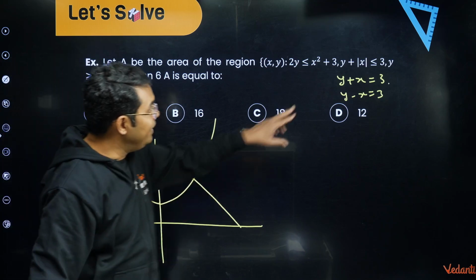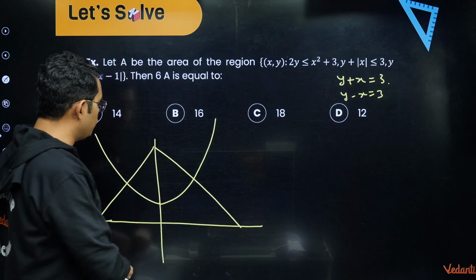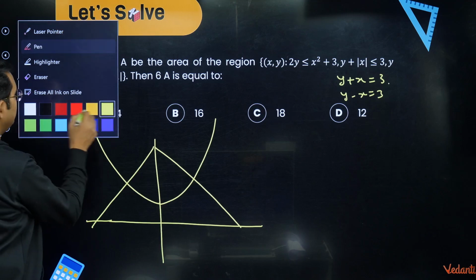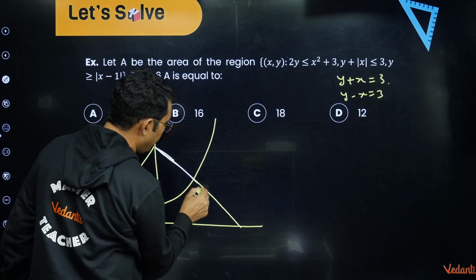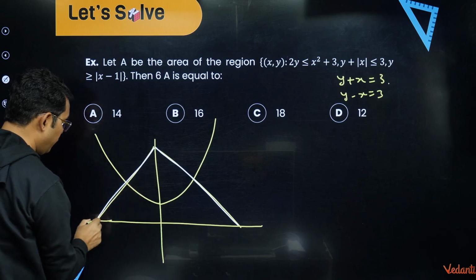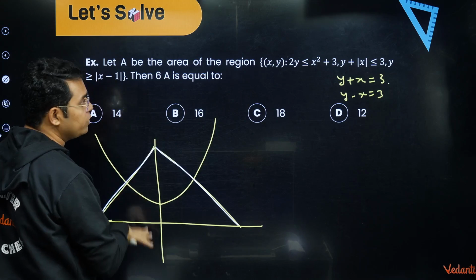And we are looking for less than or equal to 3, and you can check the origin is satisfying it. That means it should be inside or below this region. So the graph of y plus mod x less than or equal to 3 will be below this region. And for this parabola also, we were below this region only.